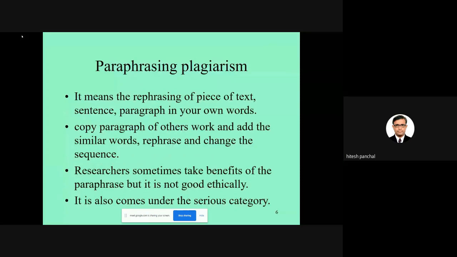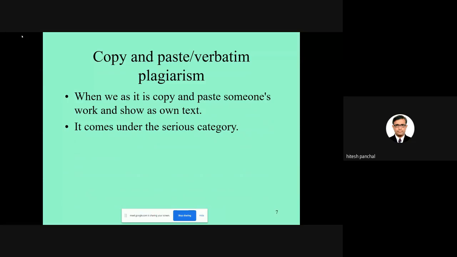That is called paraphrasing plagiarism, and it also comes under the serious category. Now, the third one is called copy and paste plagiarism. Copy and paste plagiarism, whose second name is verbatim plagiarism, is where researchers copy and paste someone's work.